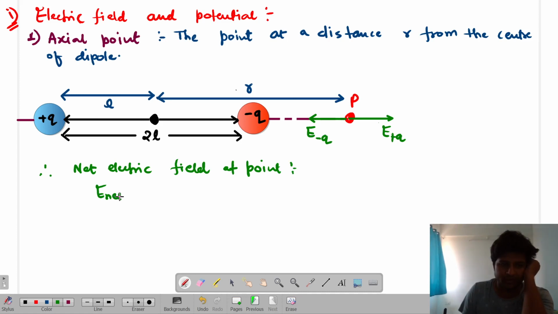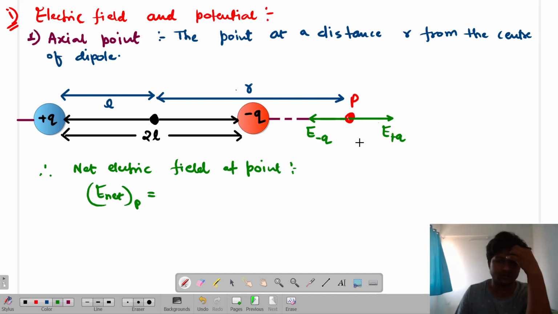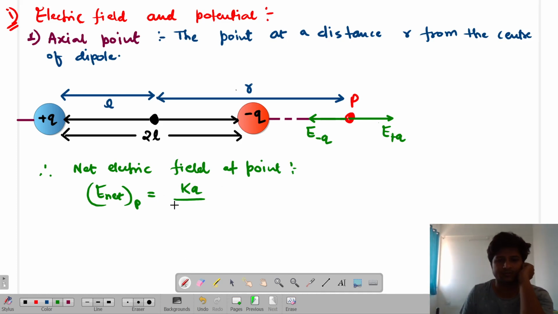So E net at point P, which one is stronger? E due to minus q is stronger, isn't it? And E due to plus q is weaker. Are you able to get me? So if I write the electric field, I will write KQ by (R minus L) whole square minus KQ by (R plus L) whole square, isn't it?